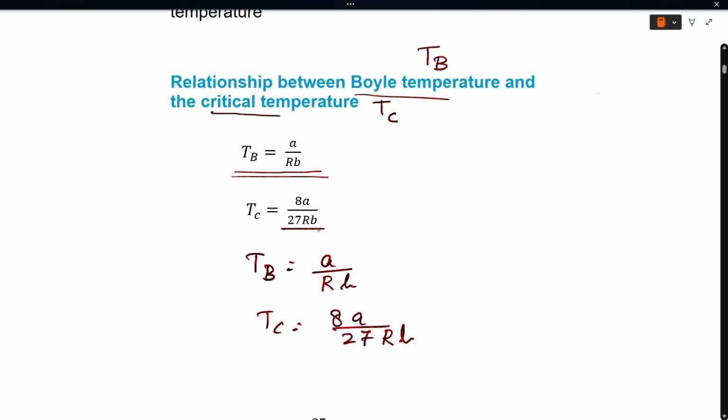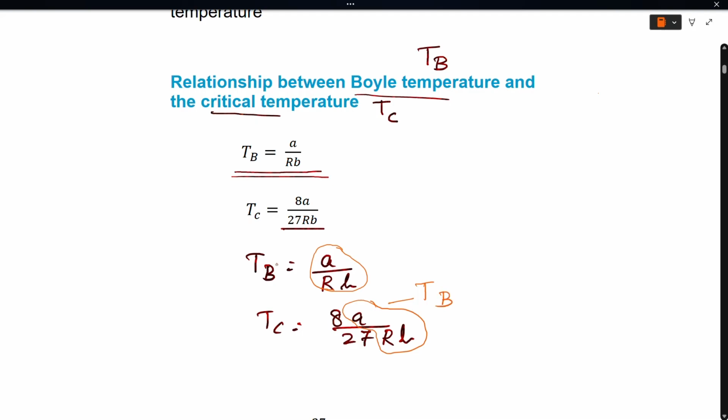Now, here you can see that TB is equal to a by Rb, and in TC we also have the expression a by Rb. These two are common. What does it mean? This a by Rb can be substituted as TB.